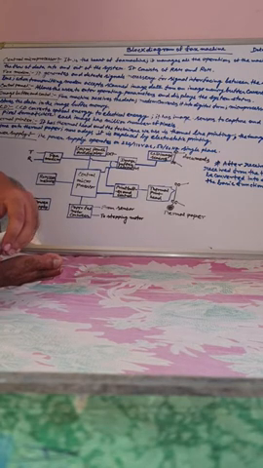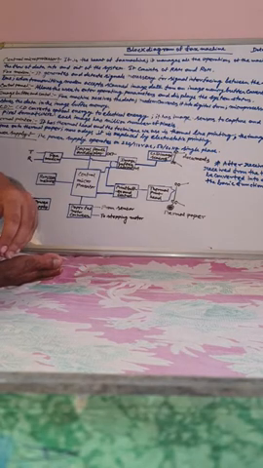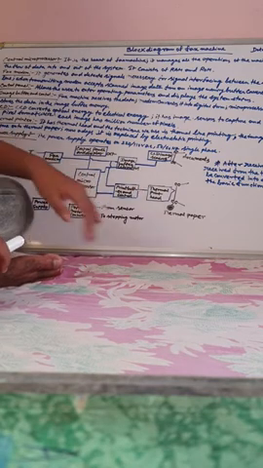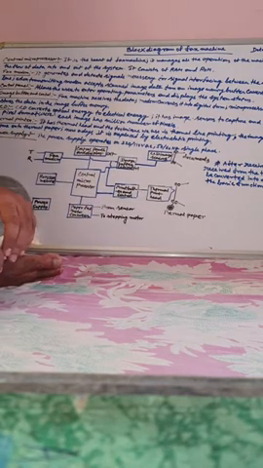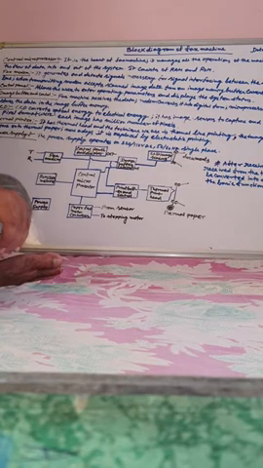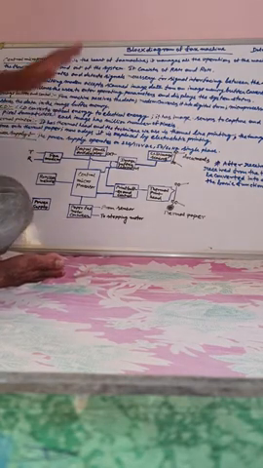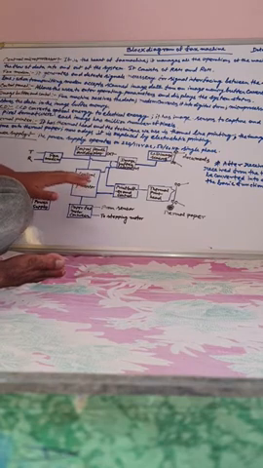Nowadays this thermal print head is replaced by electrostatic printing. So this is the block diagram of a fax machine.